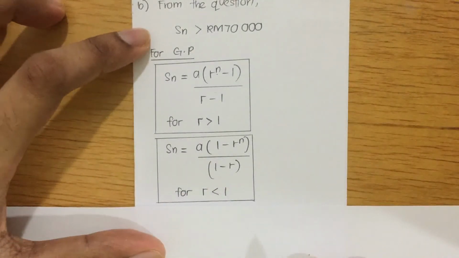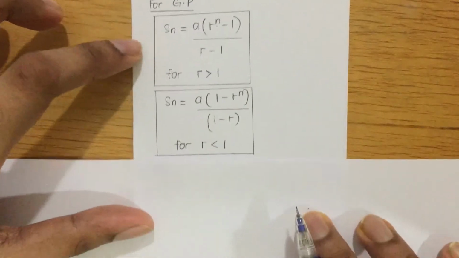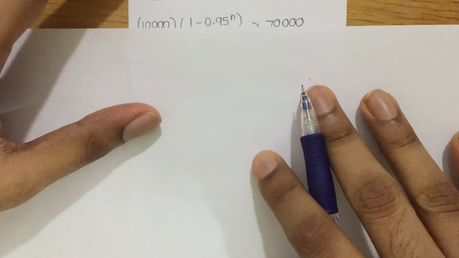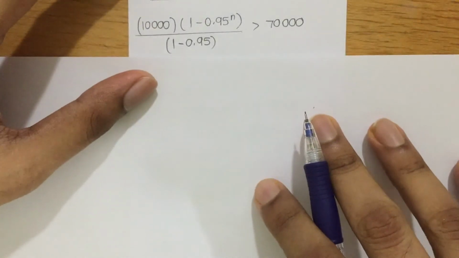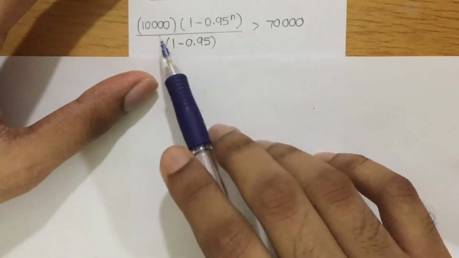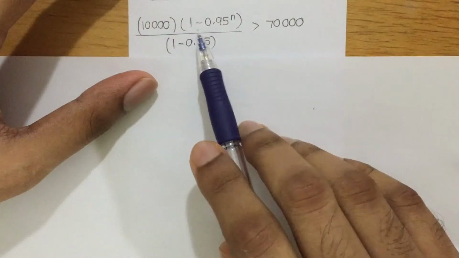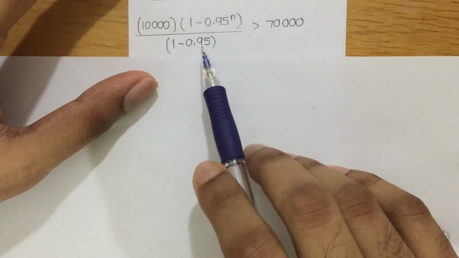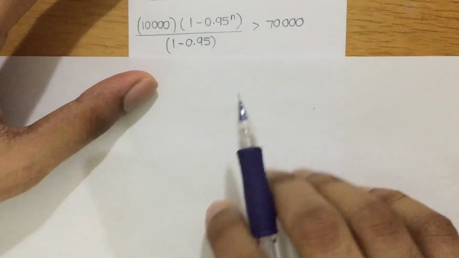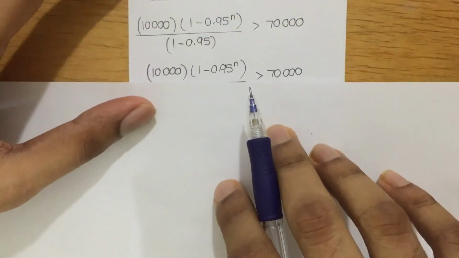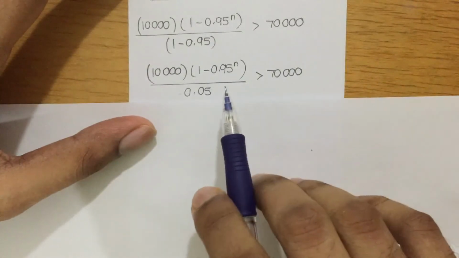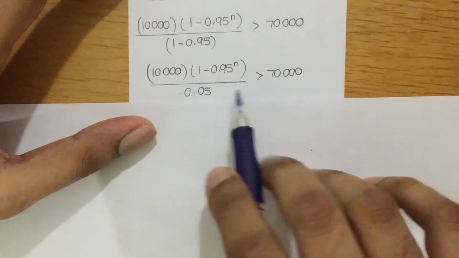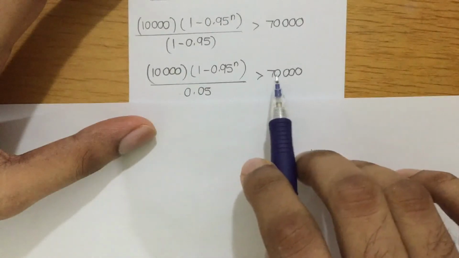Let us continue our calculation. You substitute all the respective values. So from here we get 10,000 times (1 - 0.95^n) divided by (1 - 0.95) more than 70,000. So from here, 10,000 times (1 - 0.95^n) divided by 0.05 more than 70,000.